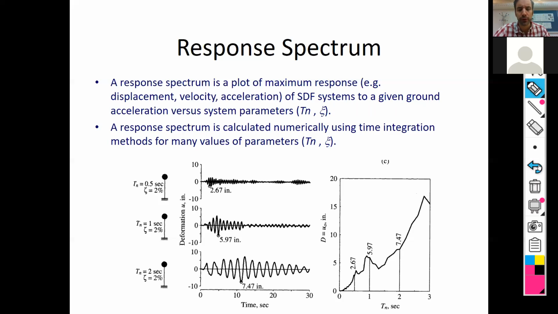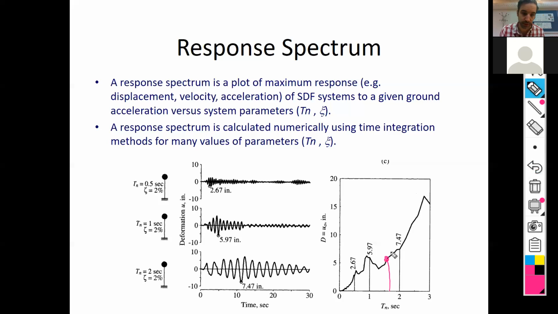So in the future, if I wanted to know what would be the response, the maximum displacement to this particular earthquake, if my structure had like 1.7 seconds as its natural period, well, then I can just look it up in this curve, right? 1.7 is somewhere here, and that will give me the result.